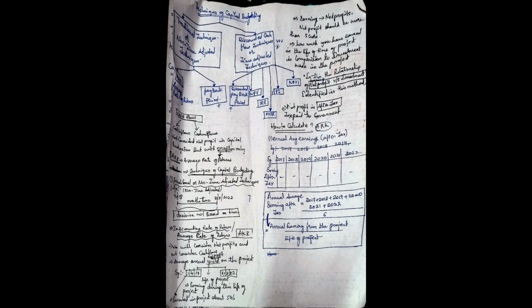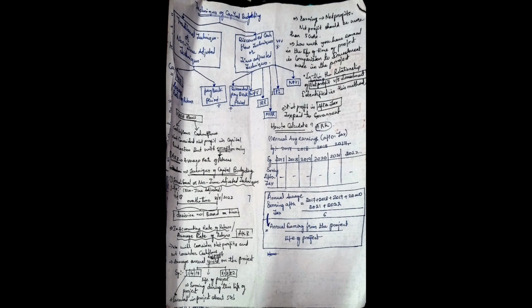The average rate of return is also called the accounting rate of return. We will consider net profit and not cash flow in the average rate of return or accounting rate of return. It is the average annual yield on the project. For example, if 1-4-2017 was the project starting date and the ending date was 31-3-2022, this is the life of the project.